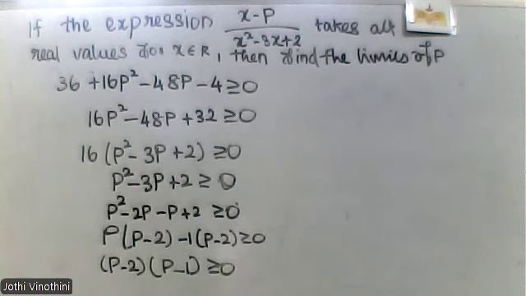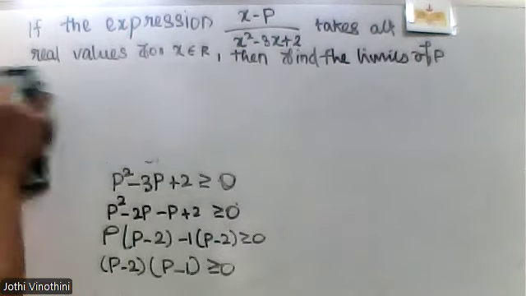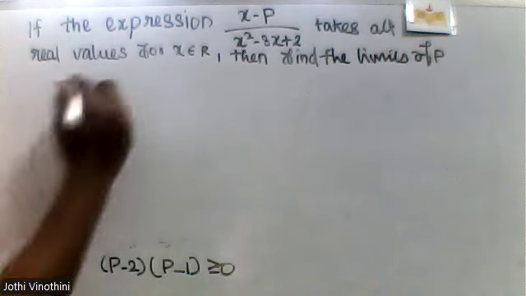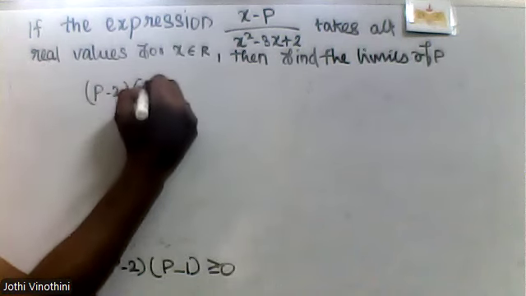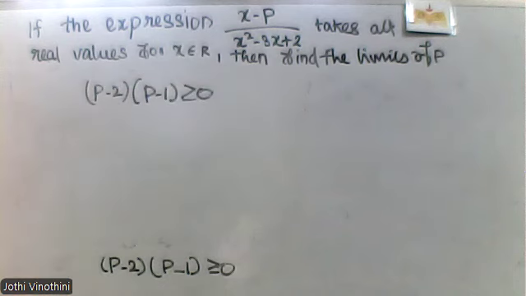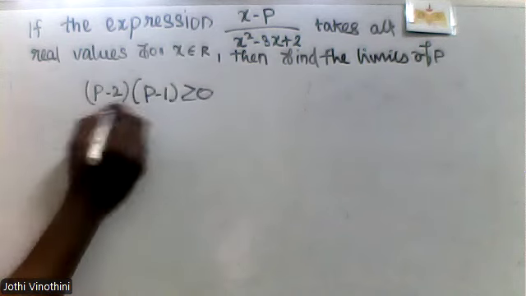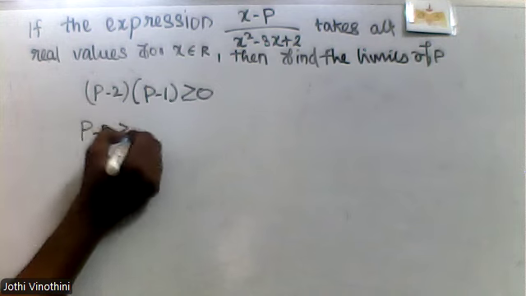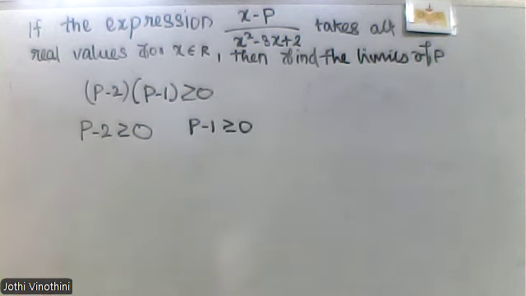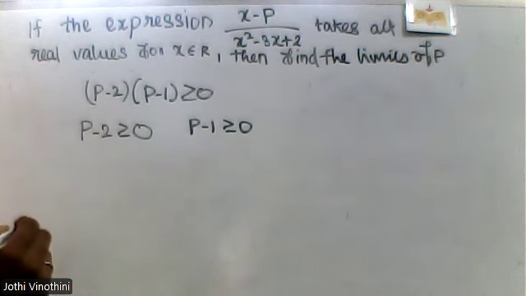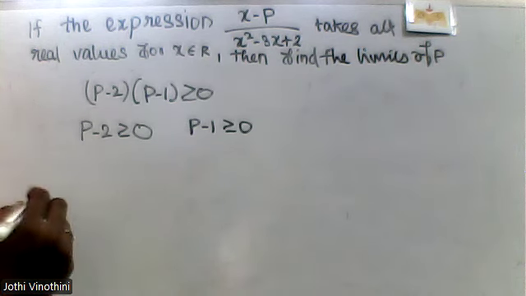Okay, I hope you copied this diagram. So what we find? p minus 2 multiplied by p minus 1 must be greater than or equal to 0. So we can separate this: p minus 2 greater than or equal to 0 and p minus 1 greater than or equal to 0.